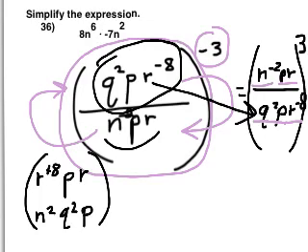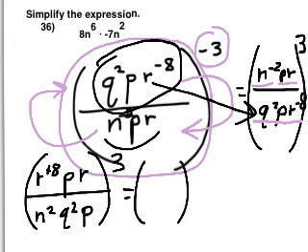Okay, so now that's all to the third power, right? So now we can deal with the things inside. Each thing inside here is to the third power, because the whole thing inside the parentheses is the base. So r to the 8th power to the third power would be, we can make 3 of these parentheses now if we wanted to.